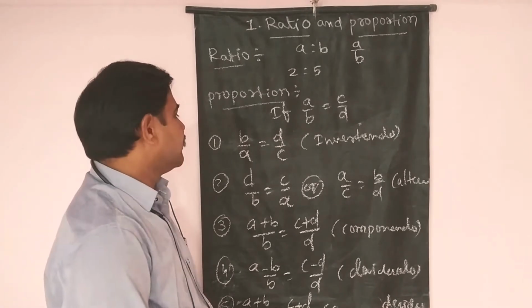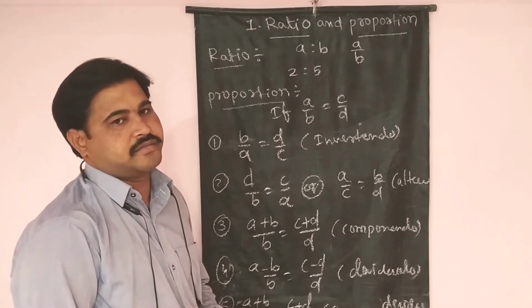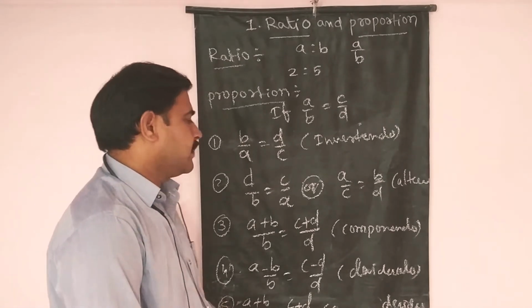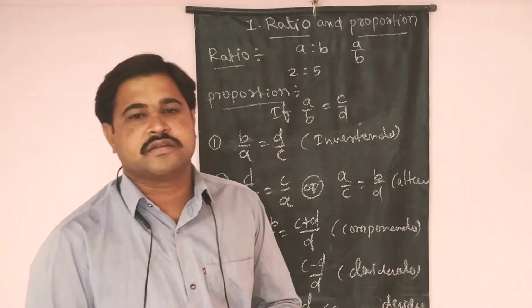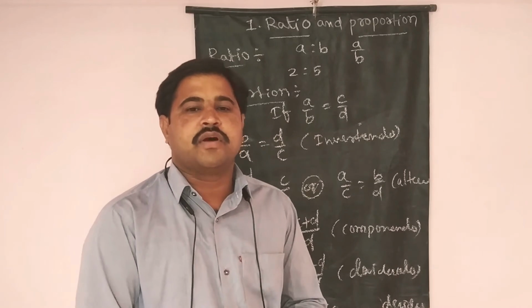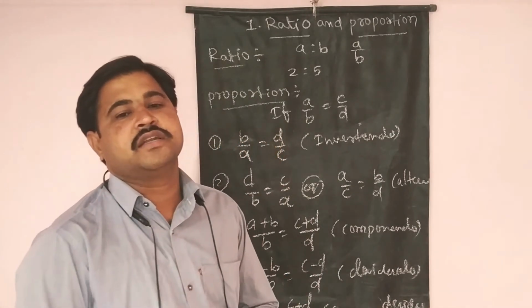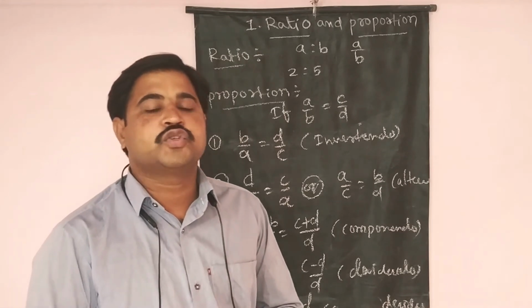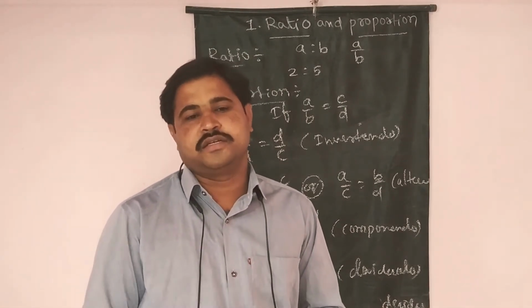And next, continuous proportion. If the 3 quantities A, B, C are said to be in continuous proportion, the ratio between the first and second is equal to the ratio between the second and third.